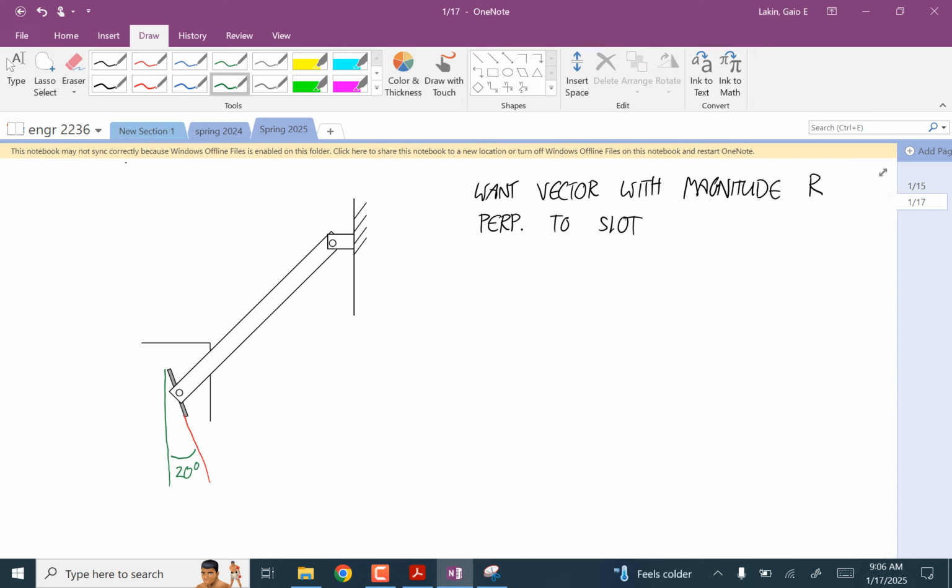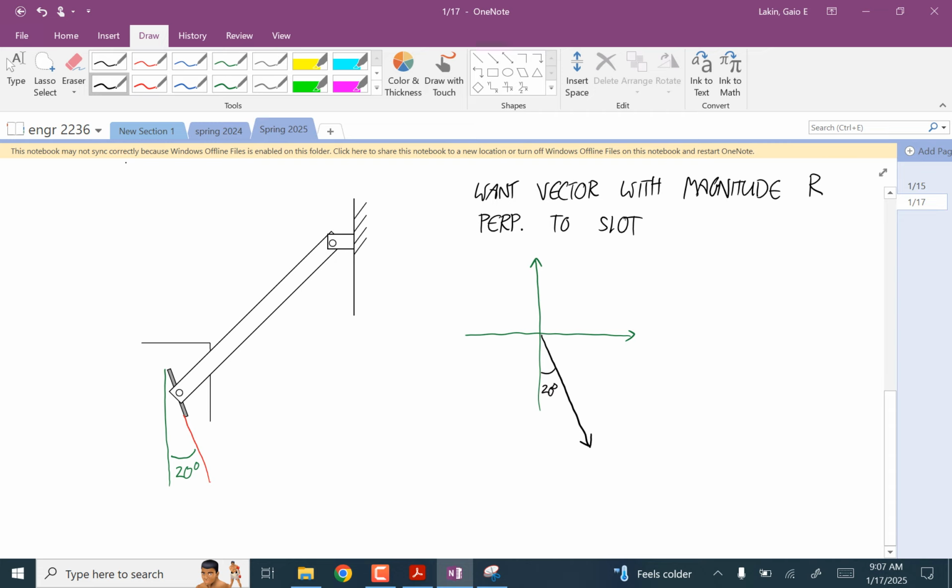So let's first come up with a vector that's along the slot, okay? Because of the way I have this angle drawn, I'm going to draw my vector parallel to the slot like this, because then you can just immediately see that this angle is 20 degrees.